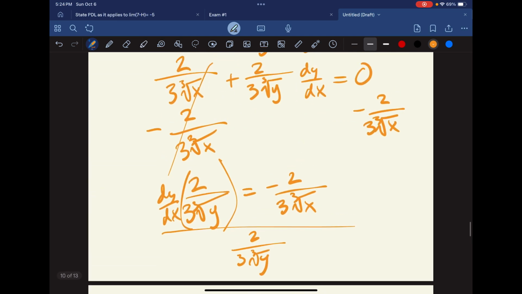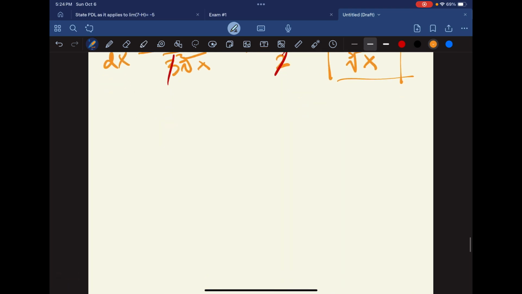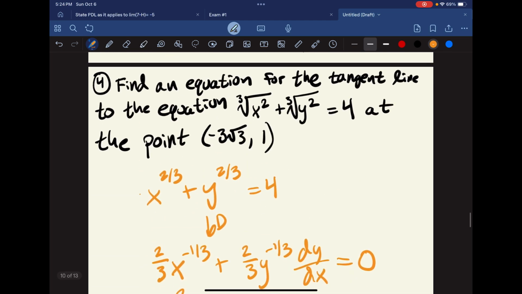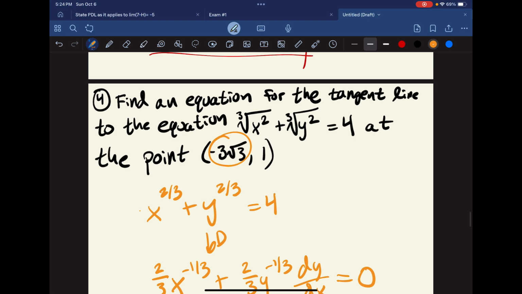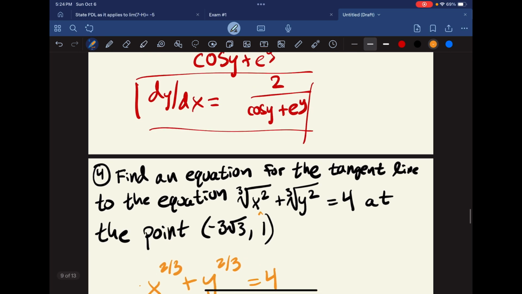And then we would plug that into our tangent line, because we're looking for the equation of a tangent line. Same as before, y minus y1 equals m times x minus x1. It gave us our x and our y value. This is our x, so negative 3 root 3. So this becomes a plus 3 root 3 because you got that double negative. And then our y, it actually tells us, is 1.